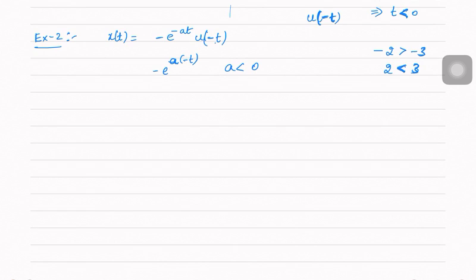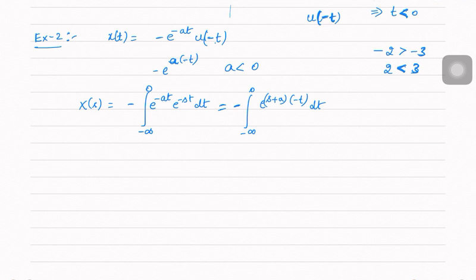Now let's see. If I calculate the Laplace transform of this, X of s is equal to minus the integral from minus infinity to 0, since it is u of minus t. I just directly substituted, with a negative sign, of course.